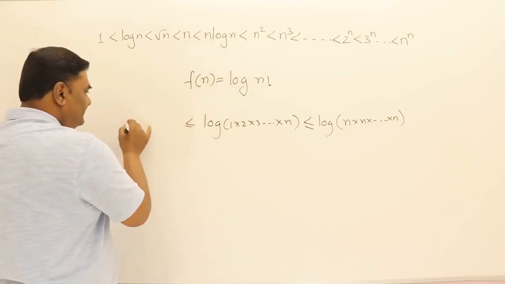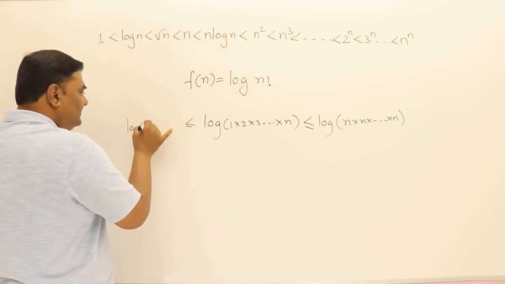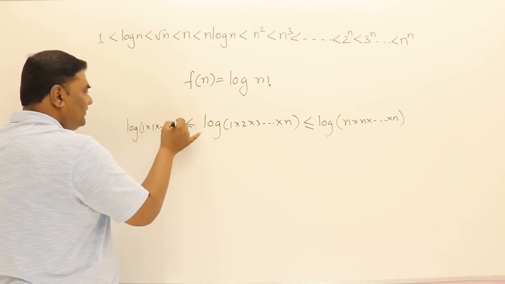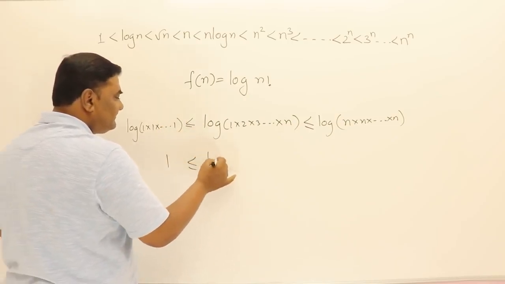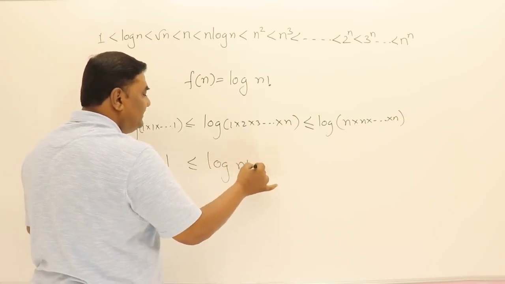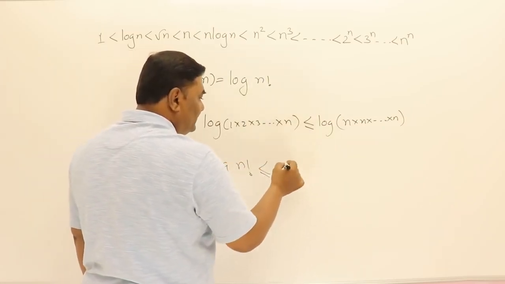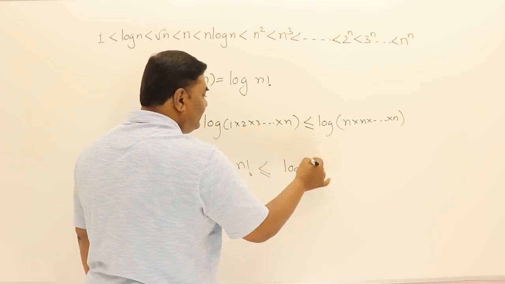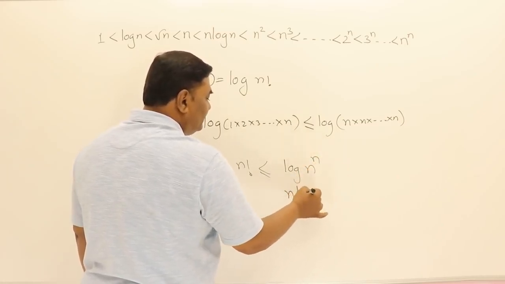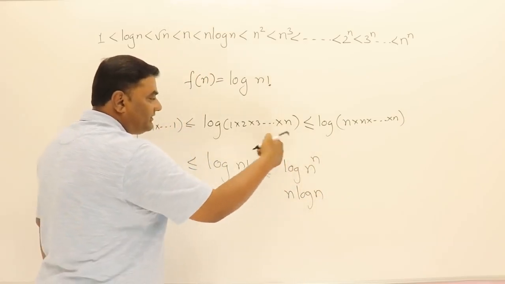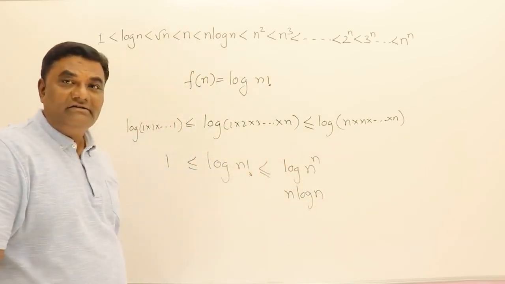And it is more than log of 1 into so on to 1. So this side will be 0 but we write 1. And this log of n factorial is less than or equal to log of n raised to n, and that power comes on this side and it is n log n.